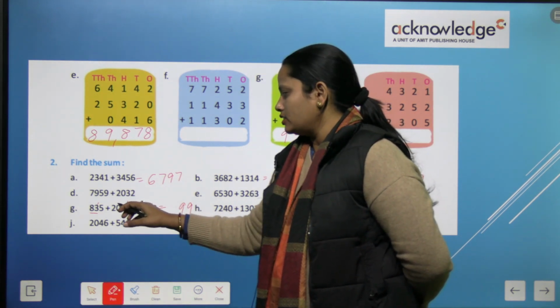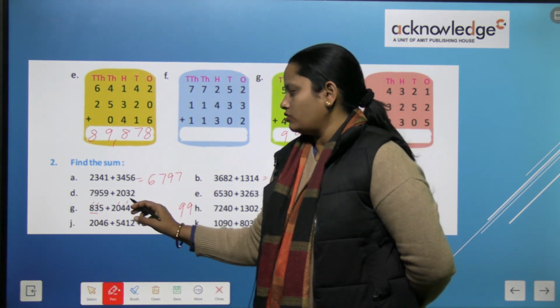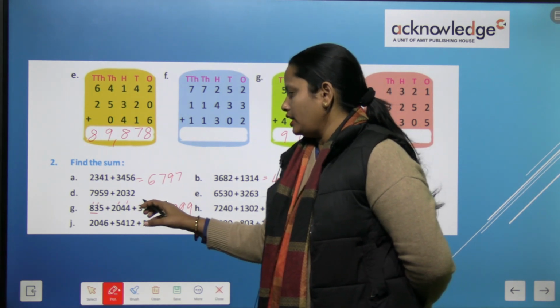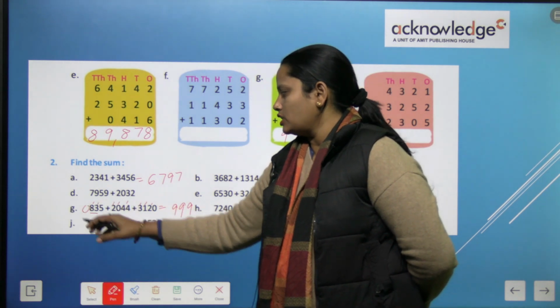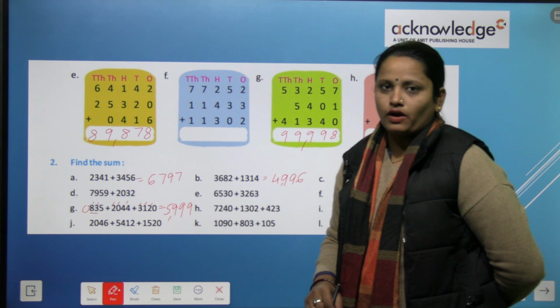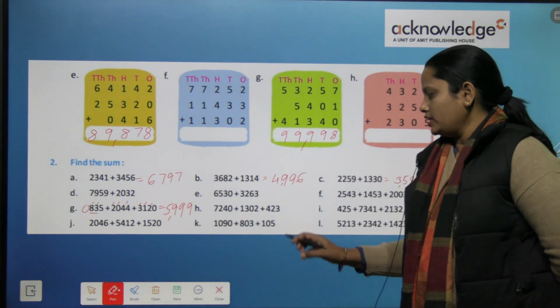Now let's add these 100 digit. 1 plus 0 is 1 and 1 plus 8 is 9 again. 3 plus 2 is 5 and here no number is there, so it will be 5. So here the answer is 5,999.